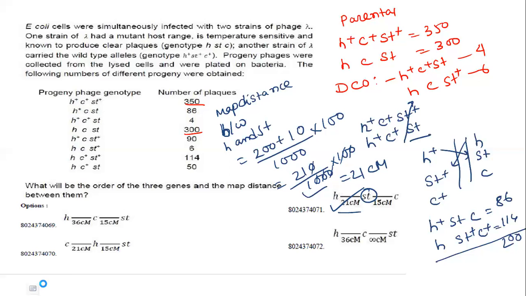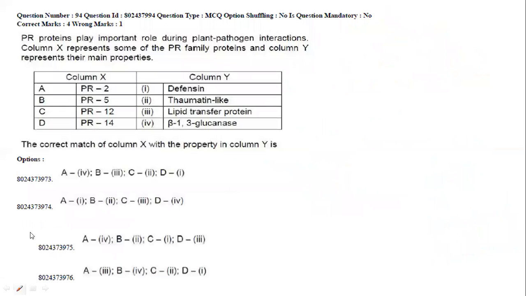Now see the next question. In the case of PR proteins, A will be PR2 involving beta 1,3 glucanase, and in case of PR5 it will be thaumatin-like, C PR12 it will be defensin, and D PR14 it will be 3. It's not possible to remember, but most of the questions this year are from plants.